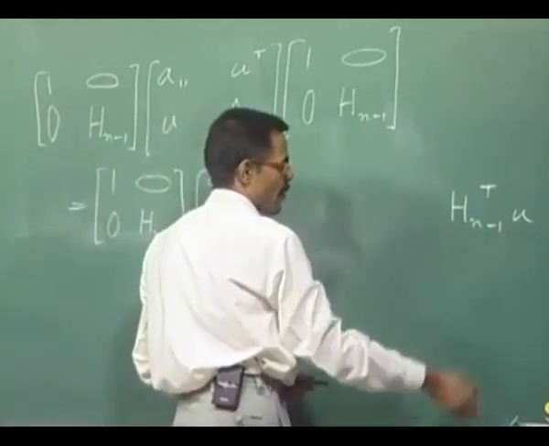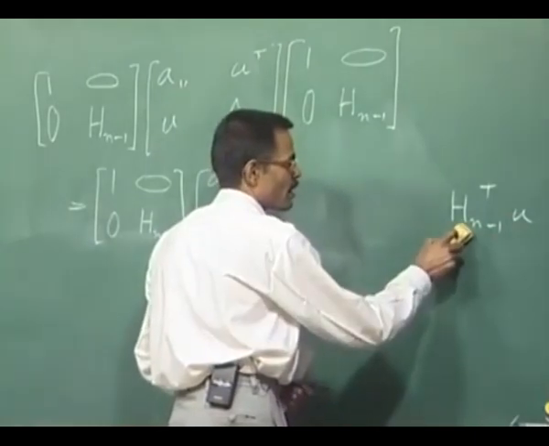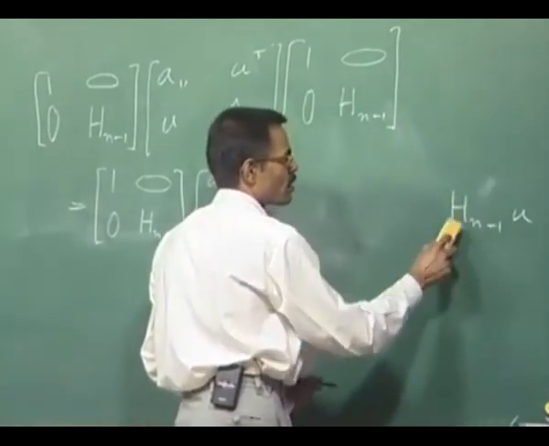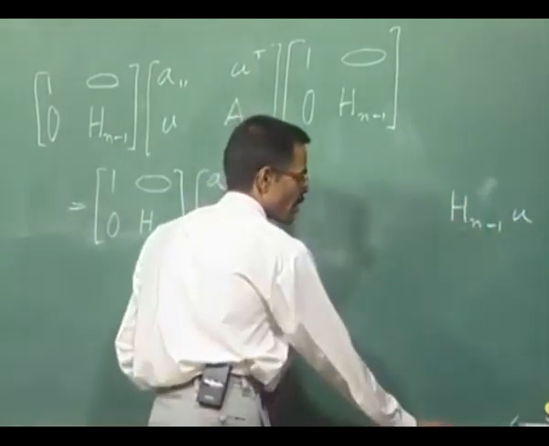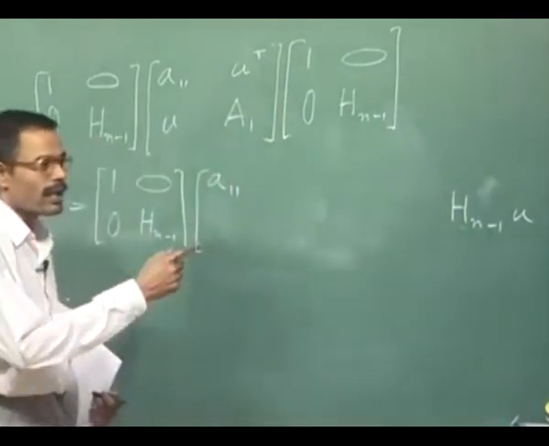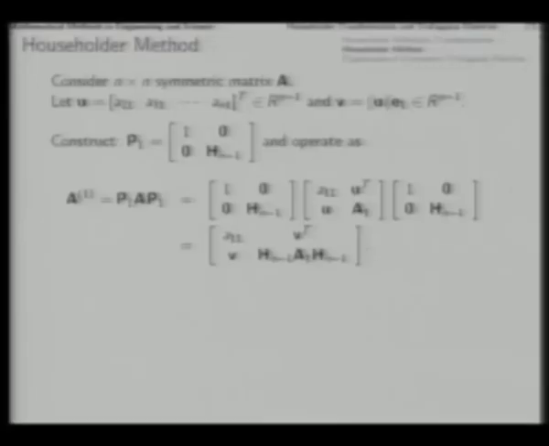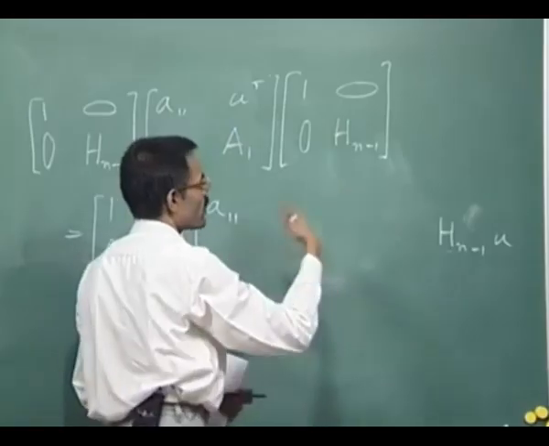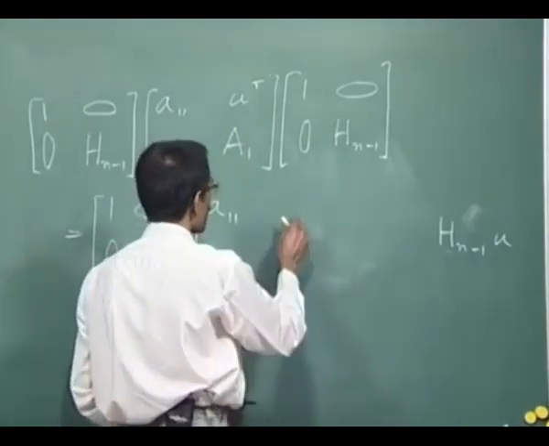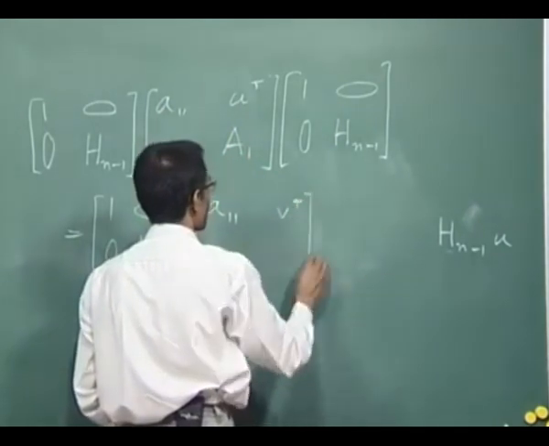What is this? This matrix is its own transpose. So, this is simply H_(n-1) u, and through the property of the Householder reflection matrix that we have seen just now, this is nothing but v. Therefore, u transpose this will be v transpose. So, you get v transpose here.